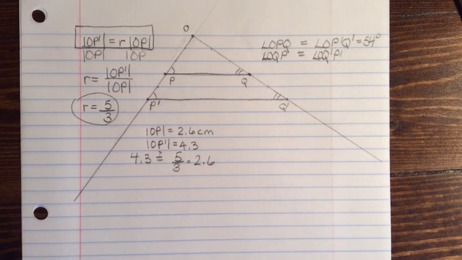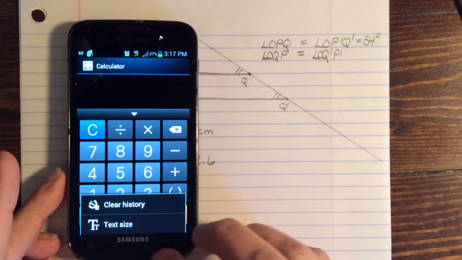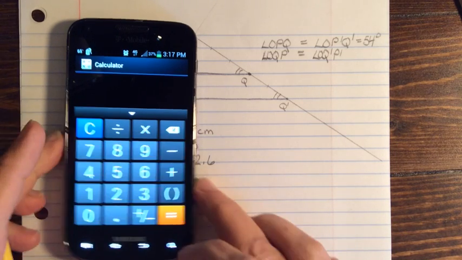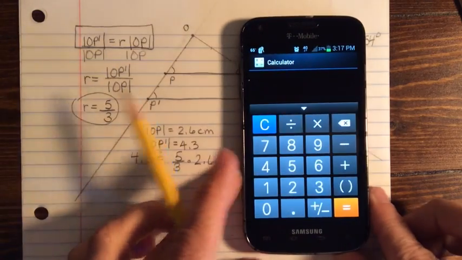All right, so I can just put that in my calculator. I'm going to do 2.6 times 5/3, so that would be right over here.